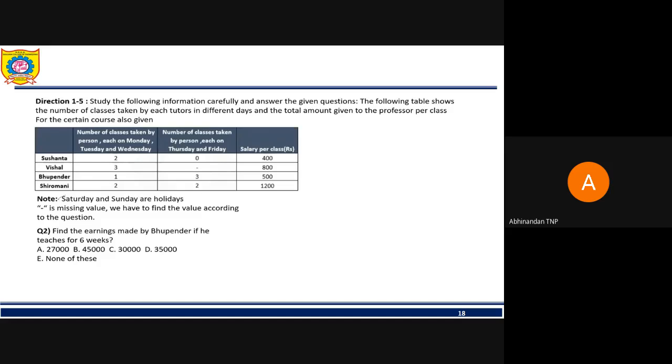Now the question is again the same question, but here we have a different analysis. Find the earning made by the Bhupender if he teaches for 6 weeks. You have to find out the total earning by the Bhupender. So this is Bhupender.